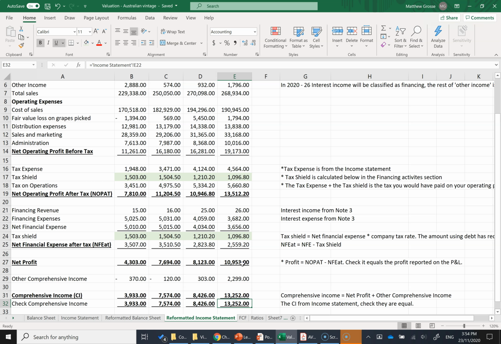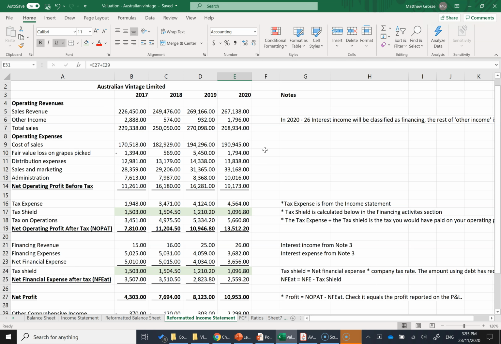So my net profit is equal to NOPAT minus NFEAT, add in the comprehensive income, and my comprehensive income still balances. So the reformatted income statement still has the same overall profit, whether it's net profit or comprehensive income. We're not changing any of the numbers. We're just reclassifying and reformatting where the numbers belong.